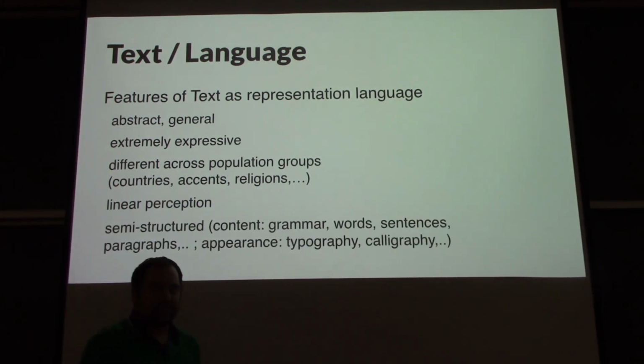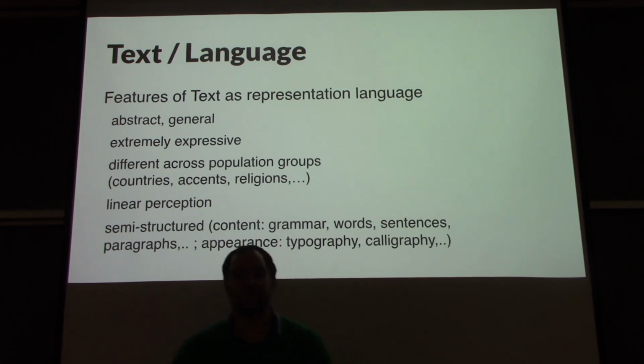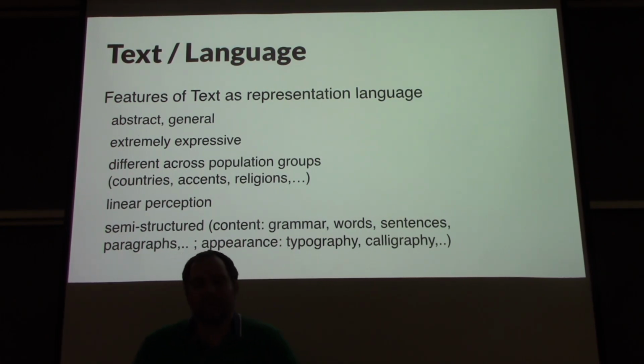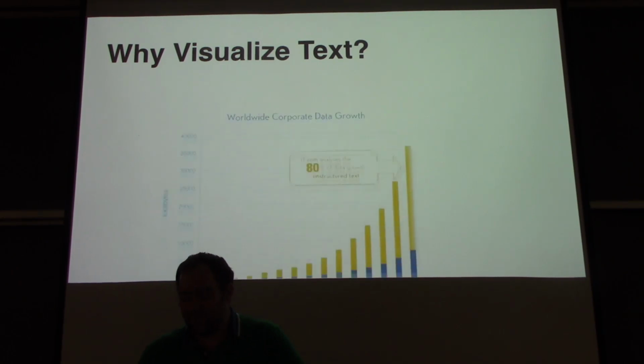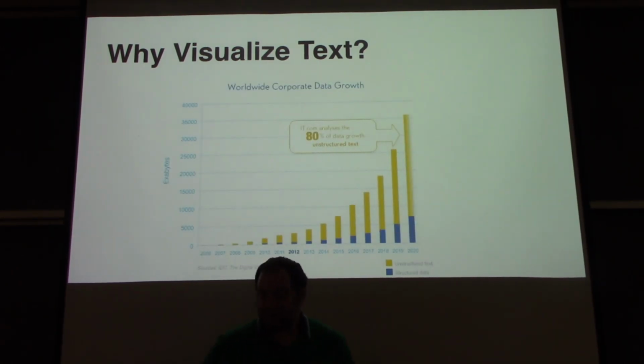As I already mentioned, text is semi-structured. We have grammar, words, sentences, paragraphs, documents, volumes, and so on, so there are hierarchies and structures that we can sometimes make use of. The appearance also varies by typography, calligraphy, and so on. So why do we care about visualizing text?